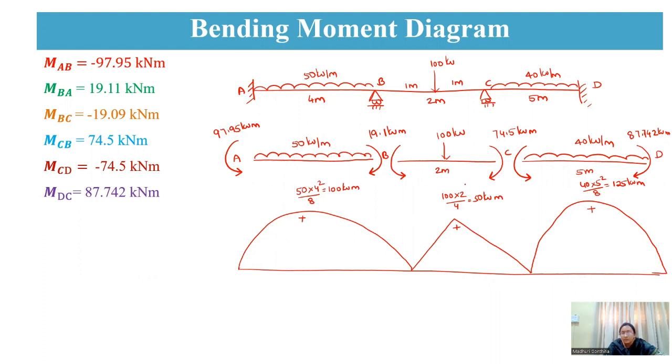To this, what you are going to draw is a conversion with the final end moments. It is 97.95, which is hogging in nature, so negative, and it is 19.1. Again it is 74 point something, so it will be like this. And it is 85, so it will also be around something like this.